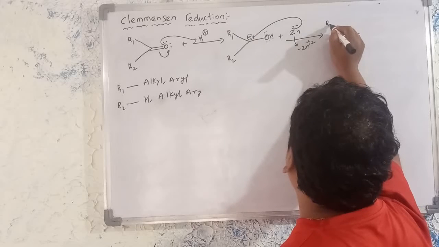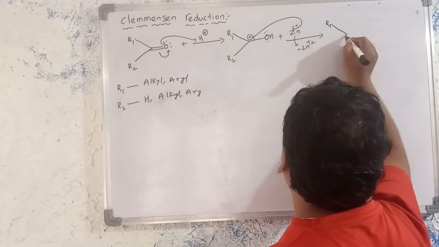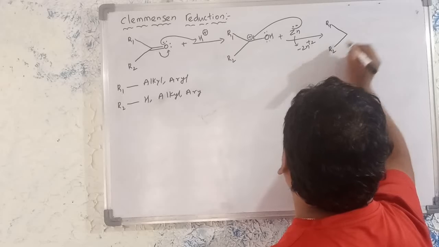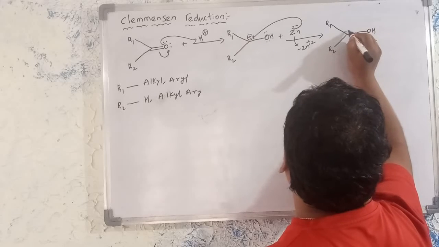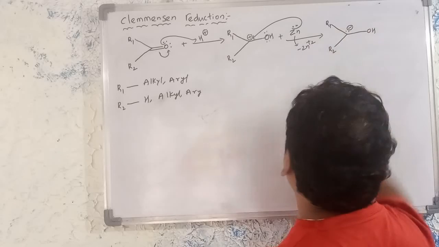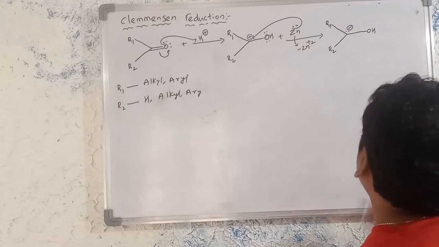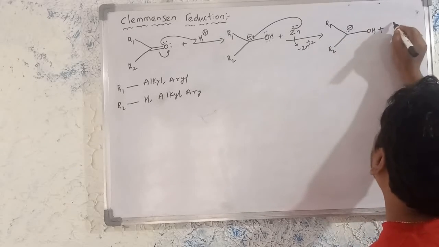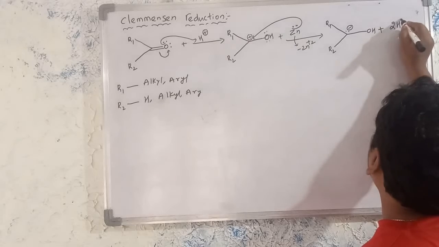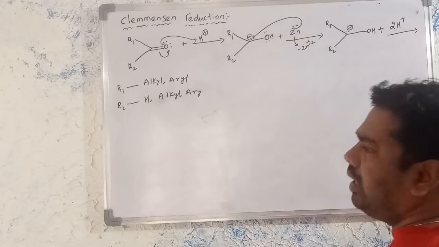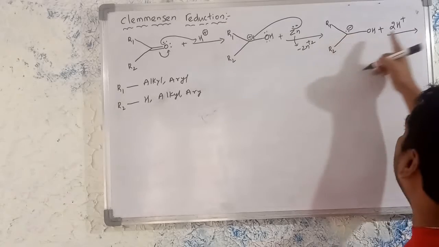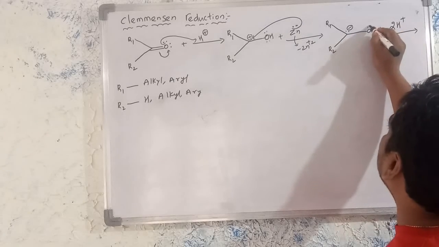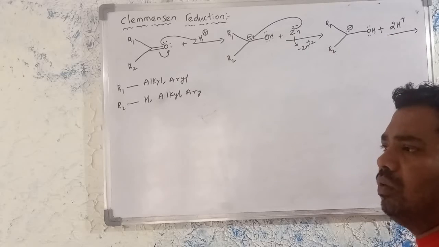This carbonyl carbon gets a negative charge. Then it reacts with 2H+. One H+ is added to the carbonyl carbon atom and another hydrogen is added to the OH group.